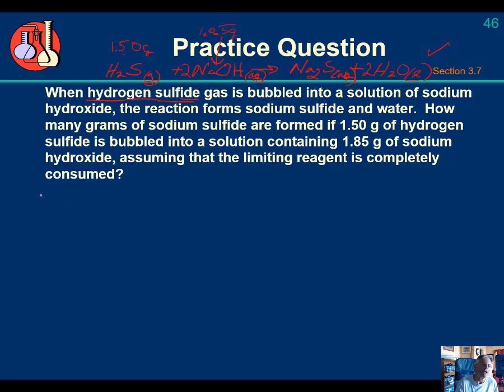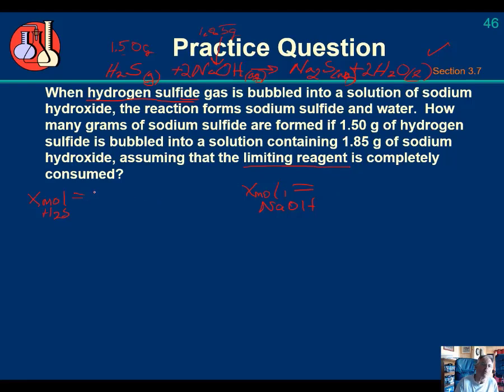I want to figure out how many moles of H2S I have, and how many moles of sodium hydroxide I have. What I'm trying to determine, ladies and gentlemen, is which one of these reactants is the limiting reagent or limiting reactant in this particular problem.